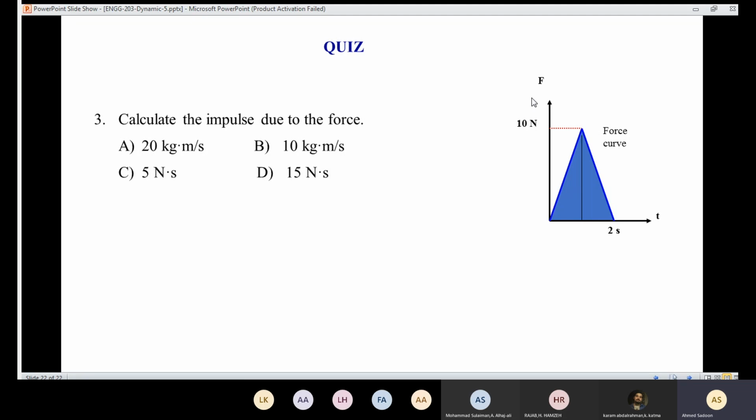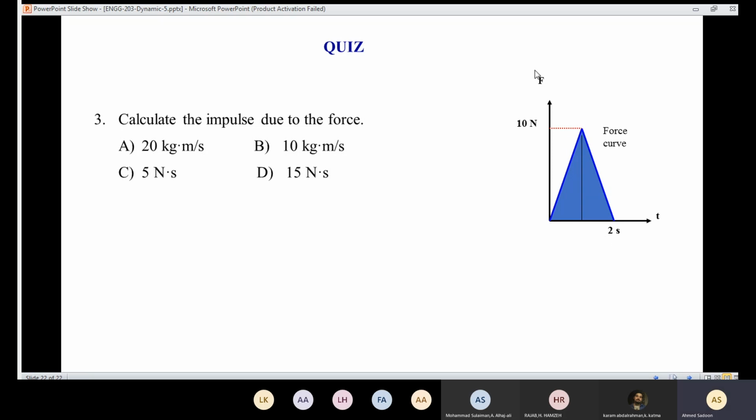Remember, I said we have 3 cases. Either by the graph, or the force is going to be a function of the time, in which case I need to integrate. Or if the force is constant, I need to multiply by the time interval. So in this case, what should I do?